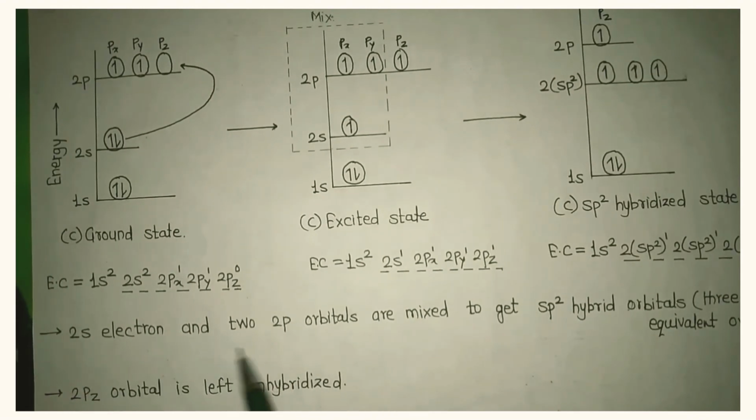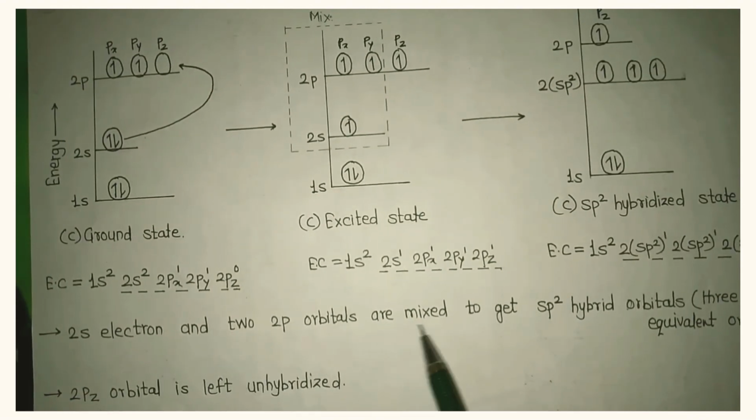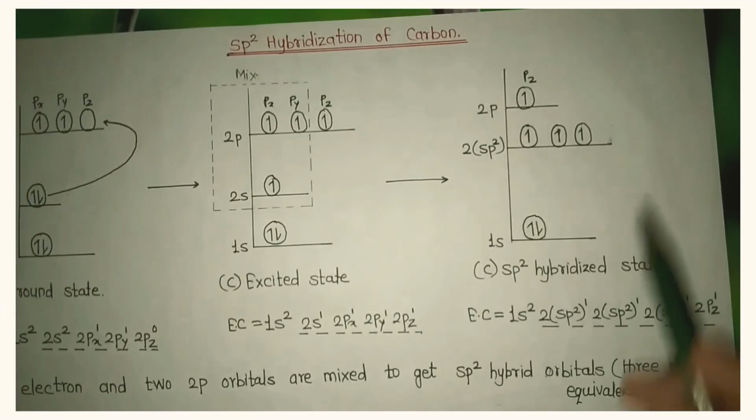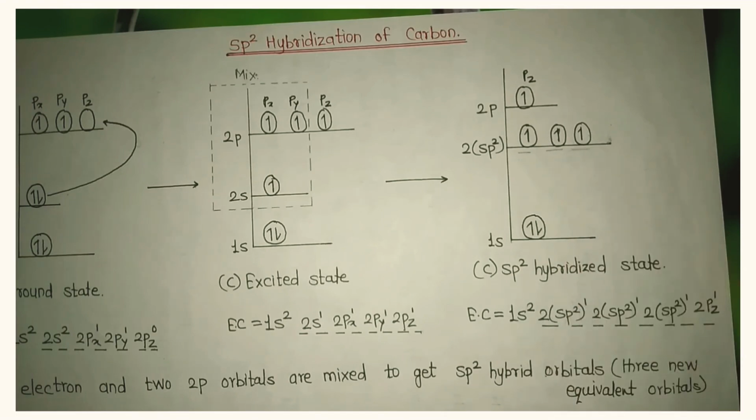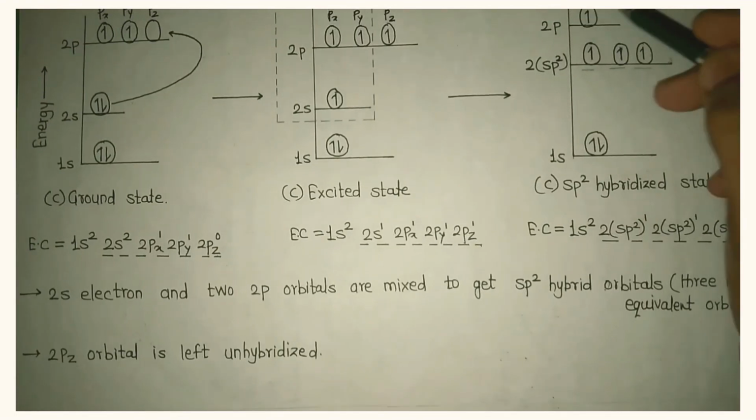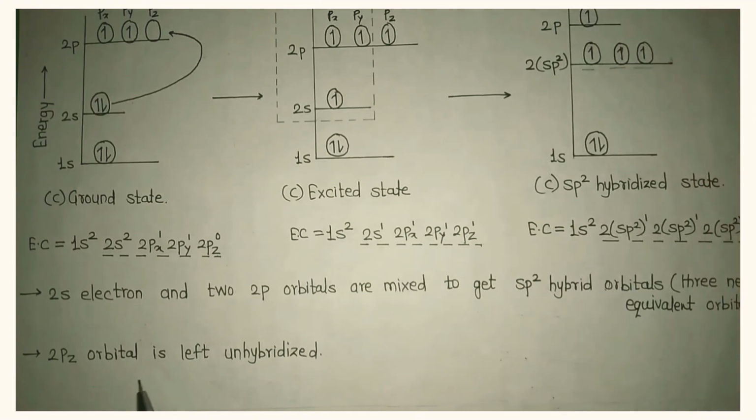The 2s electron and two 2p orbitals are mixed to get sp2 hybridized orbitals, three new equivalent orbitals as shown in this energy profile diagram, and pz remains unhybridized.